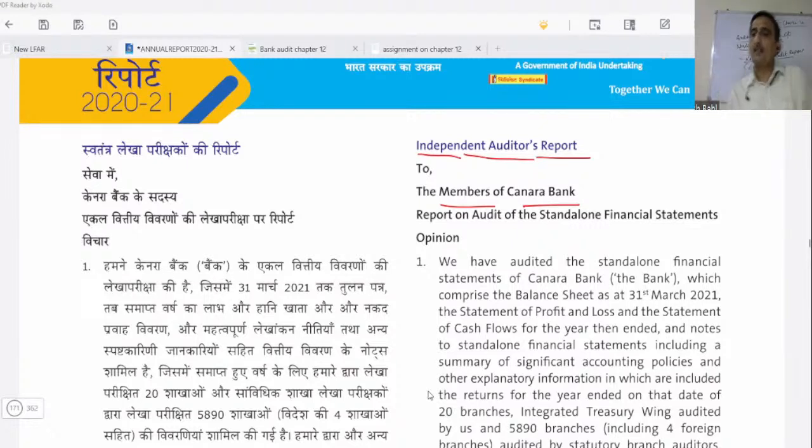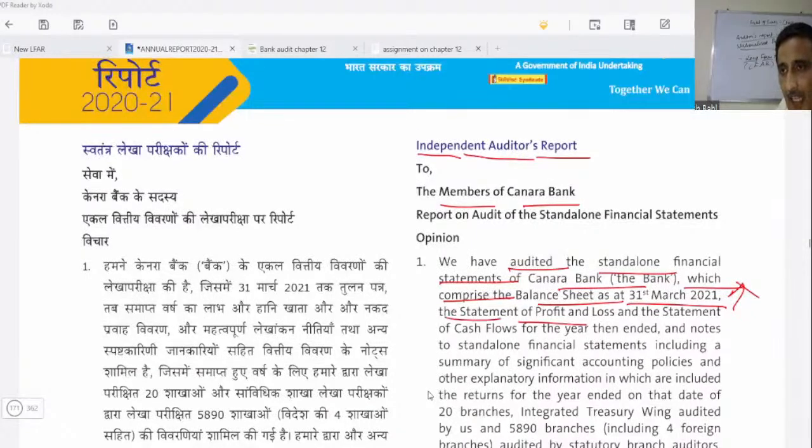Okay, and it states we have audited the financial statements of so-and-so bank, which comprise the statements which have been audited. It also identifies the period: balance sheet, statement of profit and loss, cash flows for the year ended, including a summary of significant accounting policies.